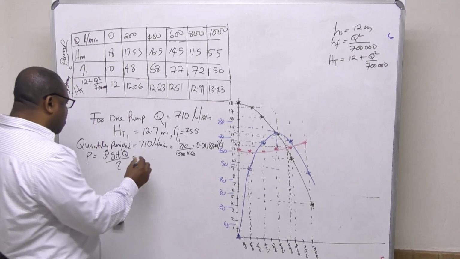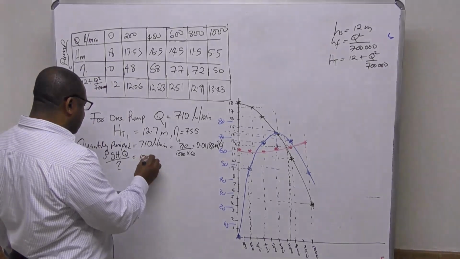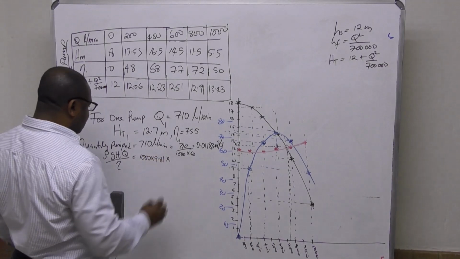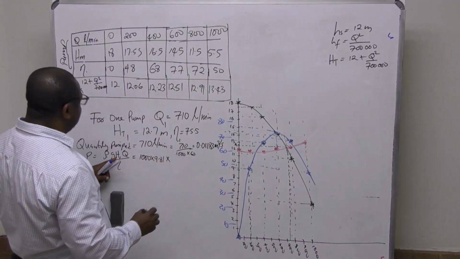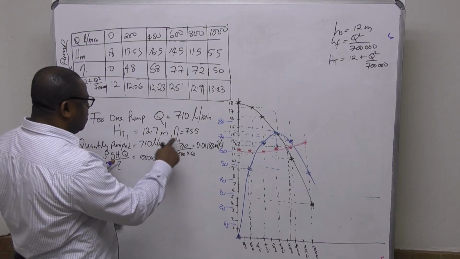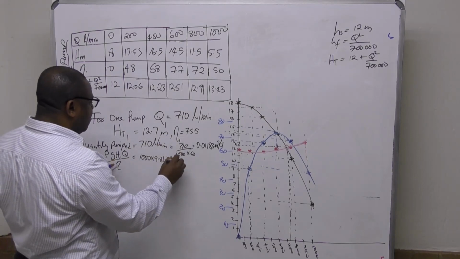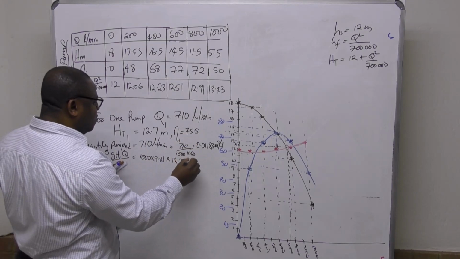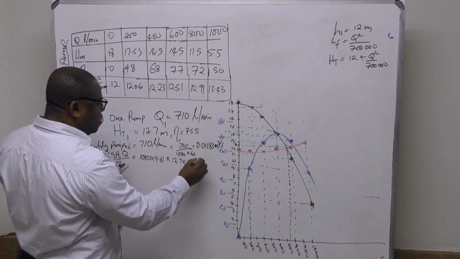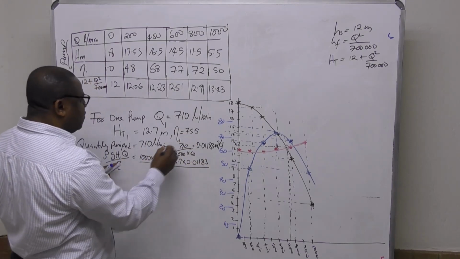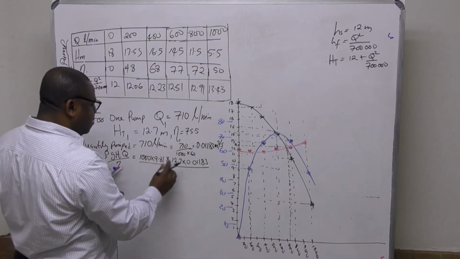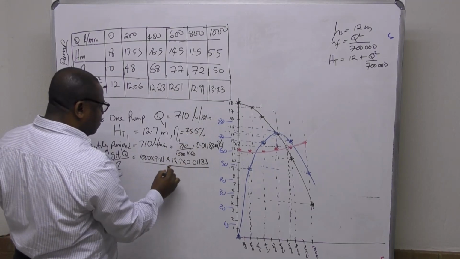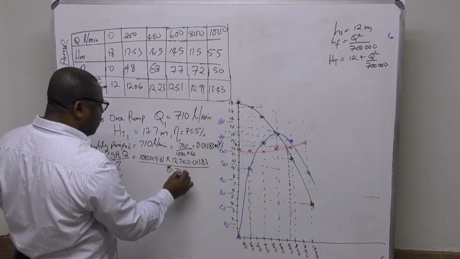So 1000 times 9.81 times the head, which is 12.7, times the flow, 0.01183, divided by efficiency. Efficiency, this is percent, so 0.755.